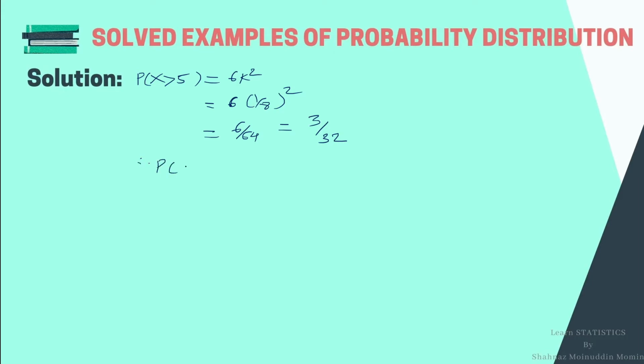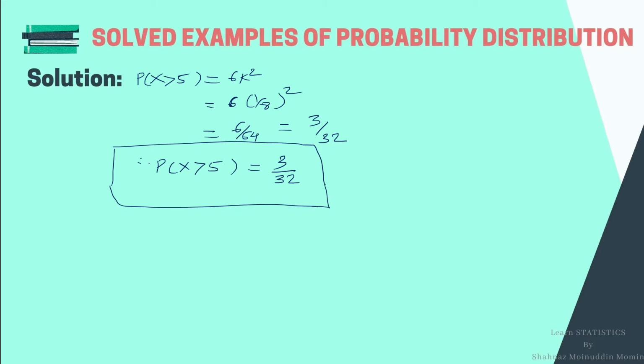Therefore, the probability of x greater than 5 is 3 by 32. This is the value of probability. Now we shall calculate the next probability.